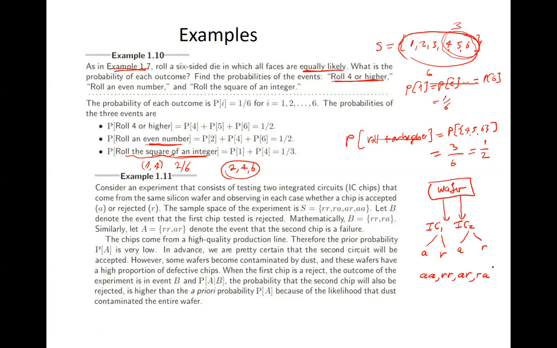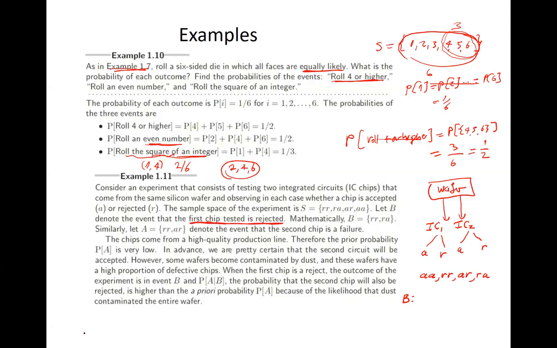So there are 4 different cases here, and we can define different events. For example, let's say an event B, which is that the first chip is rejected.